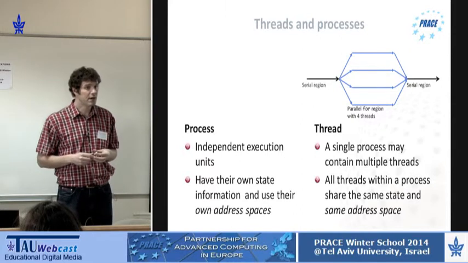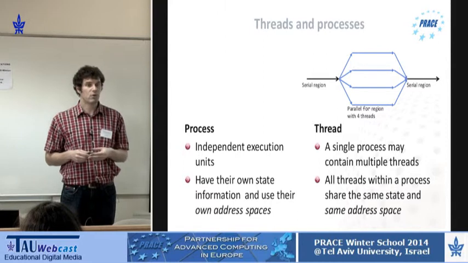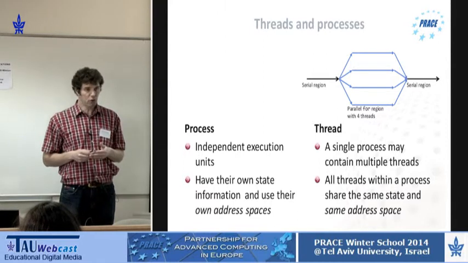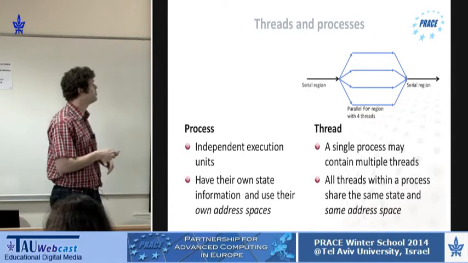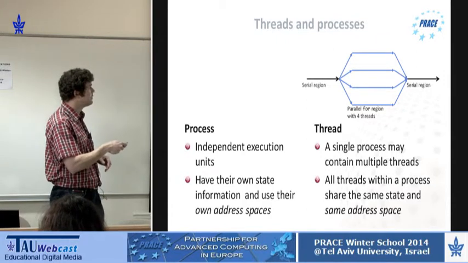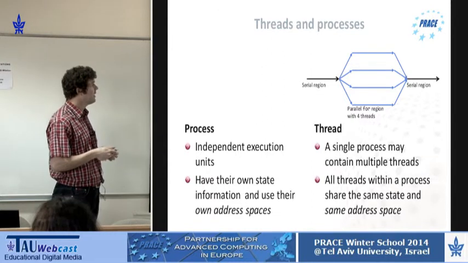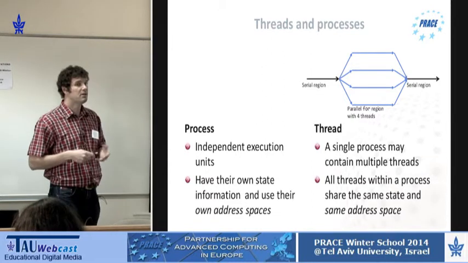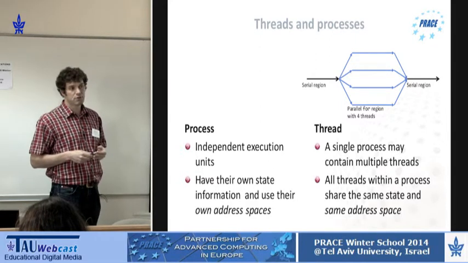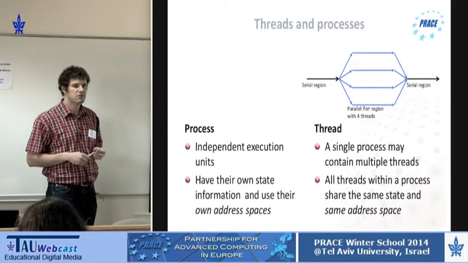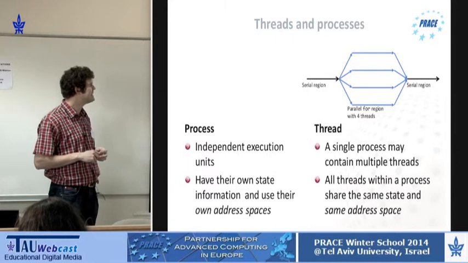A thread, on the other hand, is in a way a more lightweight construct. When using threading, we always start with a single process, and then at some point during the execution of the process, we launch multiple threads. Whereas when doing parallel programming with MPI, one always creates all the processes, or practically always. It is in principle possible to create processes during the execution of an MPI program, but it's not very often used.